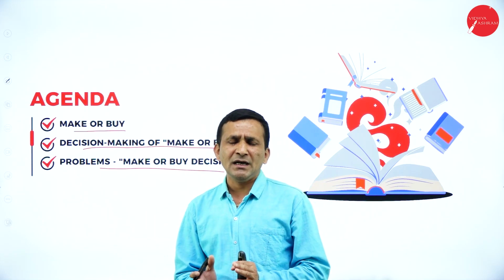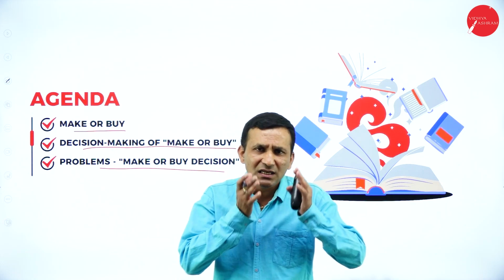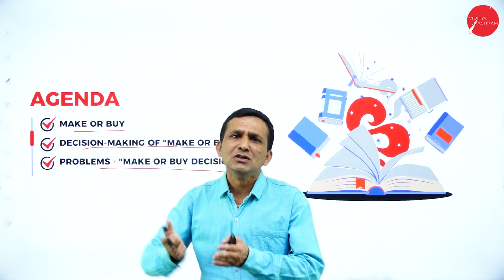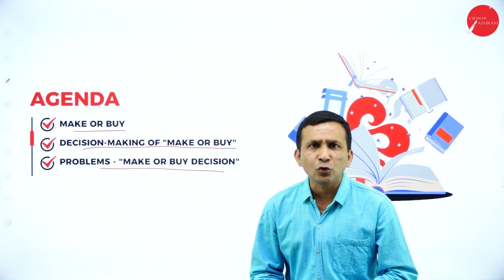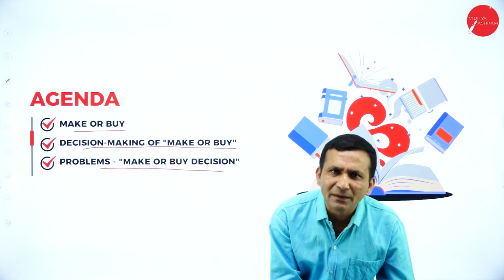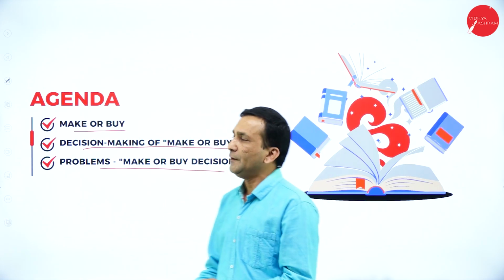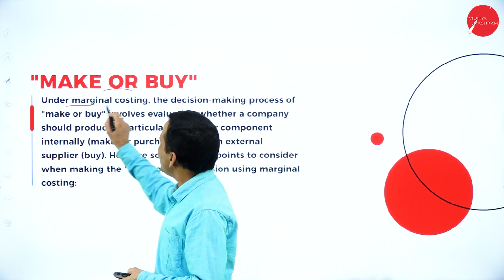If I take the initiative to start production, what is my cost? The same product is available in the market at a very cheap price, so better I go for buy. So now the management wants to decide whether to make it myself or buy from outside, if it is available. So moving forward, make or buy under marginal costing.